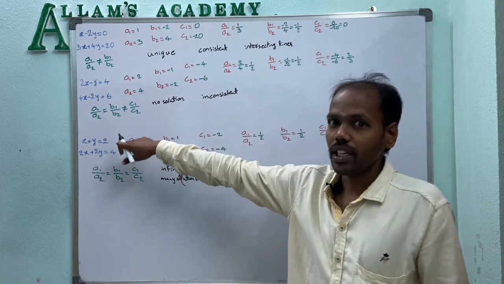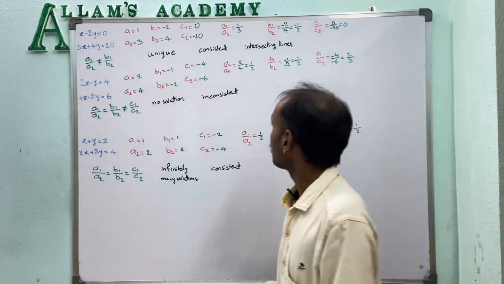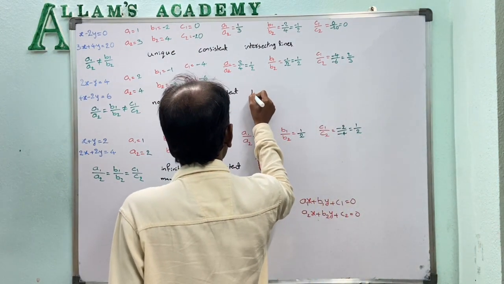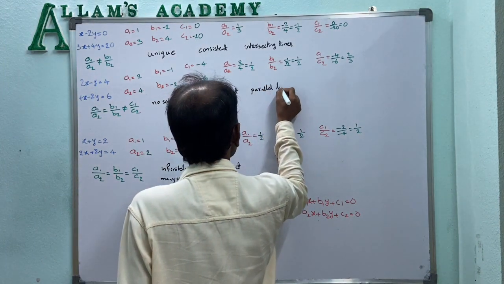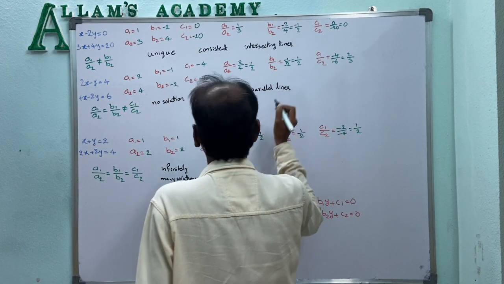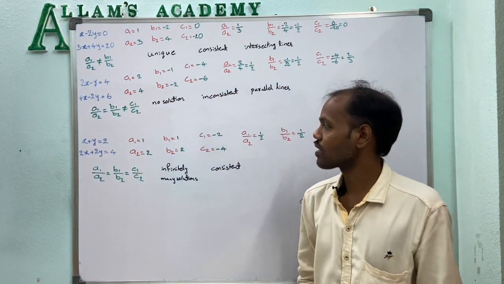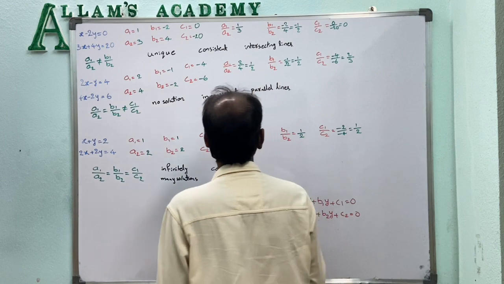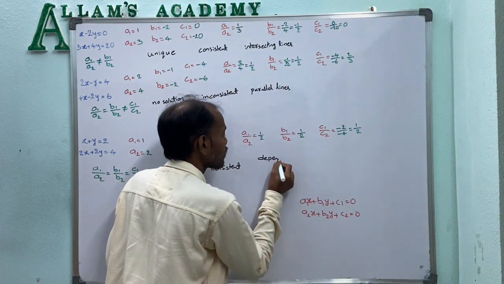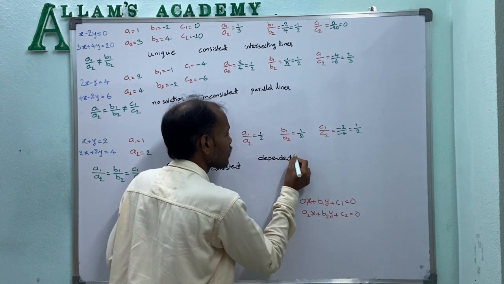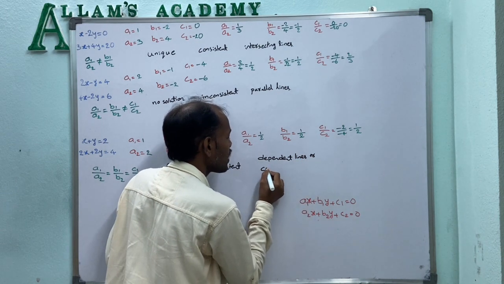Now if a1/a2 equal to b1/b2 not equal to c1/c2, here we get parallel lines. In the case of a1/a2 equal to b1/b2 equal to c1/c2, here they are called dependent lines, otherwise coincident lines.